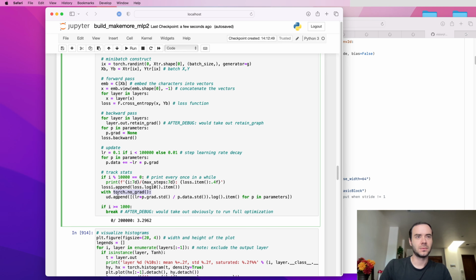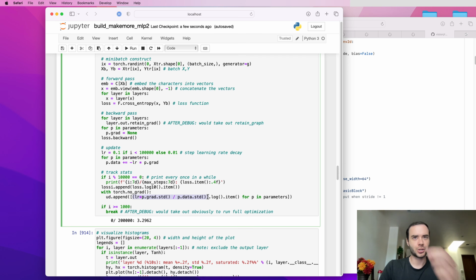So without any gradients, I'm comparing the update, which is learning rate times the gradient. That is the update that we're going to apply to every parameter. So see, I'm iterating over all the parameters. And then I'm taking the standard deviation of the update we're going to apply and dividing it by the actual content, the data of that parameter, and its standard deviation.